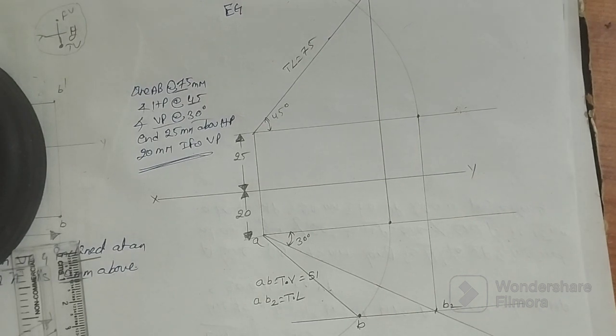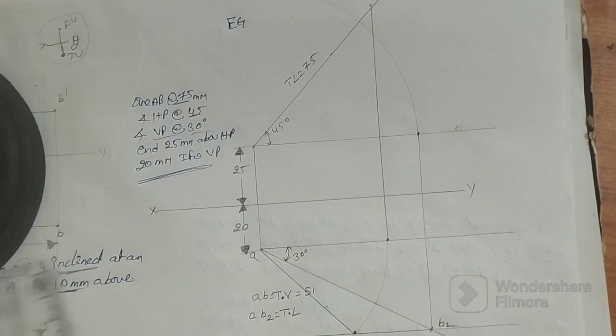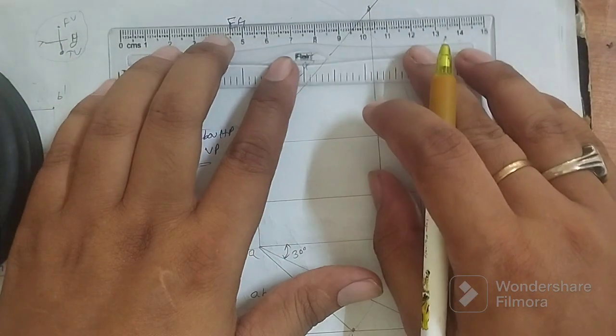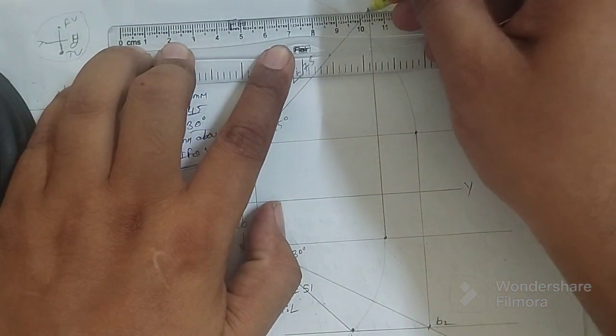I have drawn an arc. Since this is my 75 true length, I'll draw a horizontal line parallel to XY.